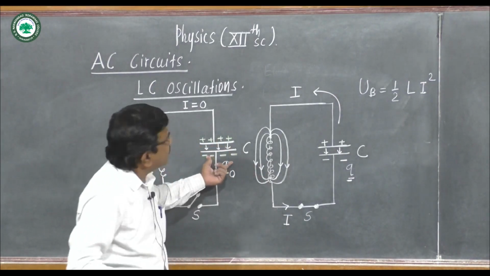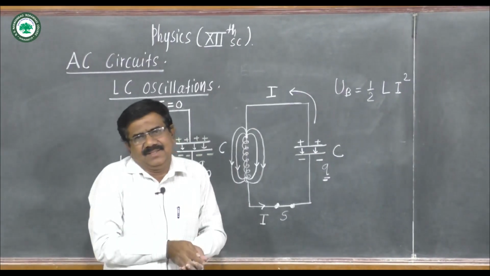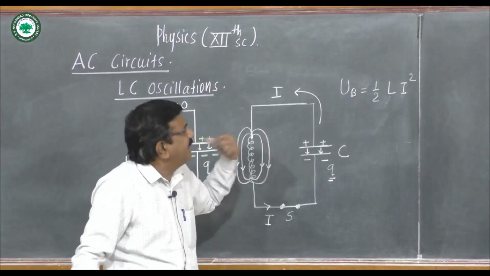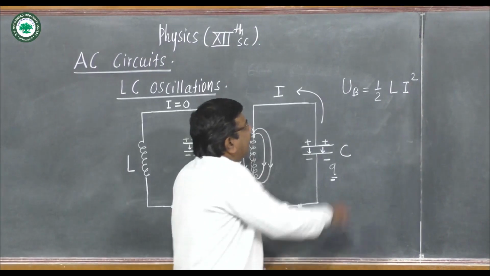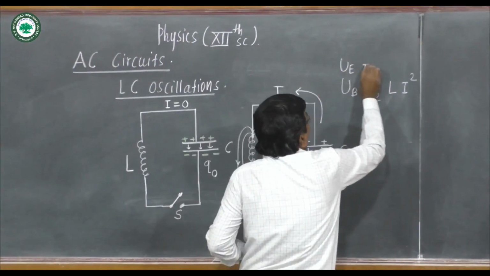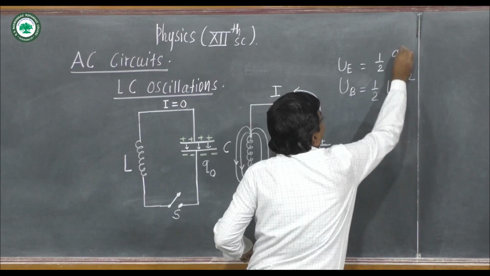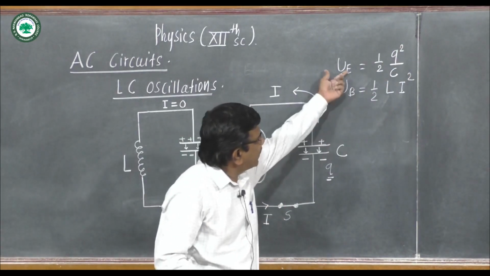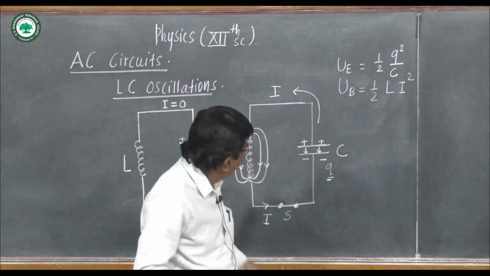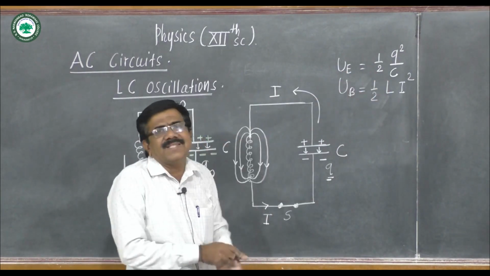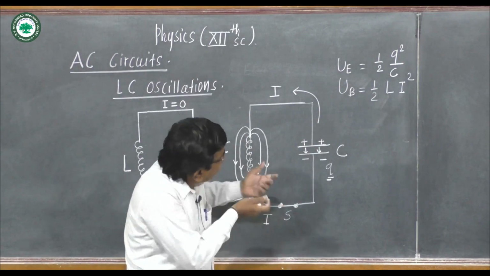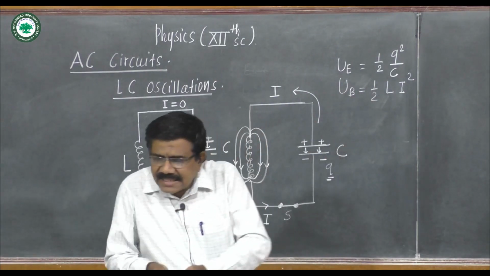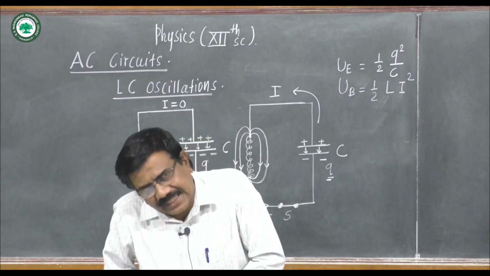Some part of the energy is converted into magnetic field energy, but still there is some electrostatic energy, and that part is 1/2 Q square by C. The electrostatic energy in the capacitor is now not 1/2 Q0 square by C but 1/2 Q square by C, and it is partly converted into magnetic field energy of the inductor, which is 1/2 Li square.